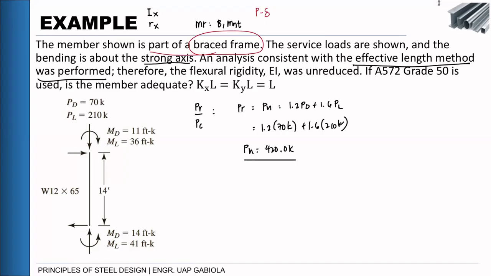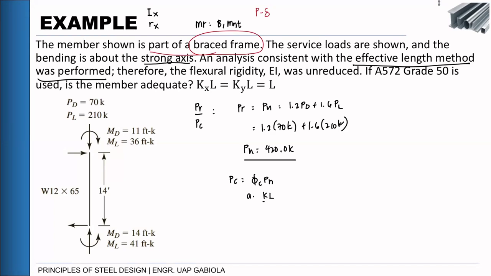Next is our PC. PC is equal to phi PN, and phi PN is based on our compressive strength. To get phi PN, letter A, we get the largest KL over r, the slenderness ratio.